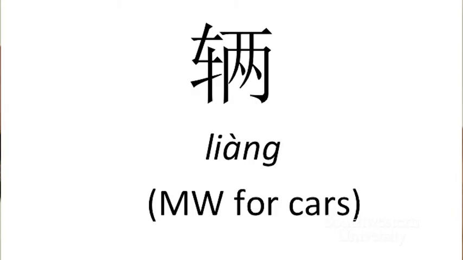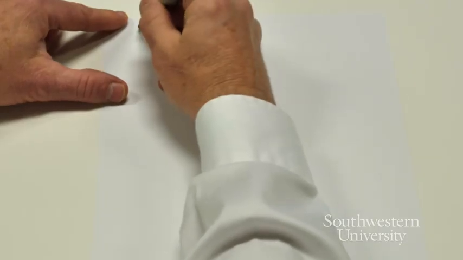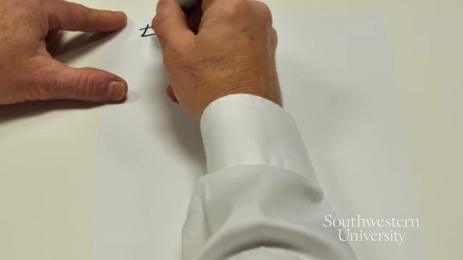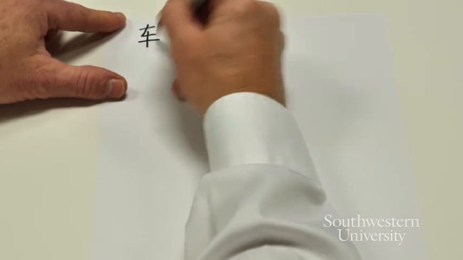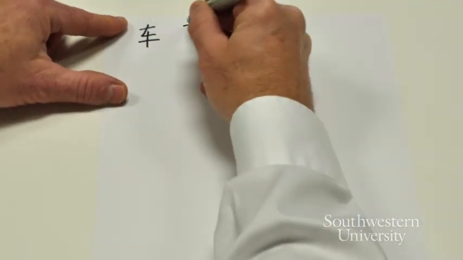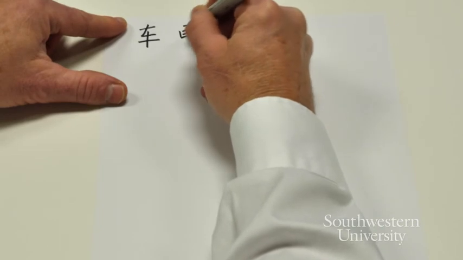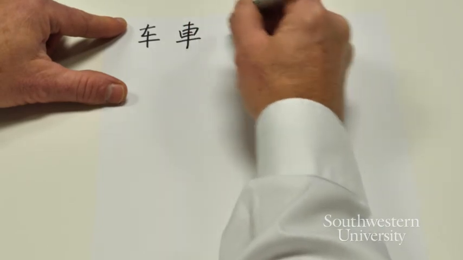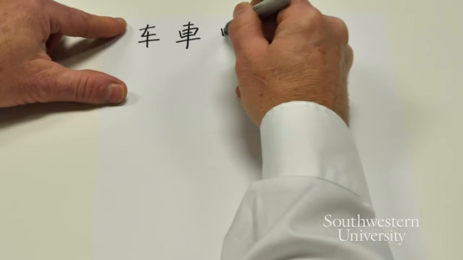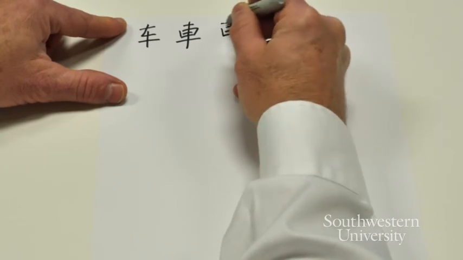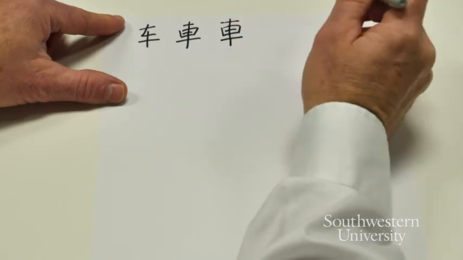The next character is a measure word for carts or cars, and it contains the character for a cart or a car, che. In traditional characters, it's written like this, which is a depiction of the body of a cart or a chariot and the wheels on an axle.